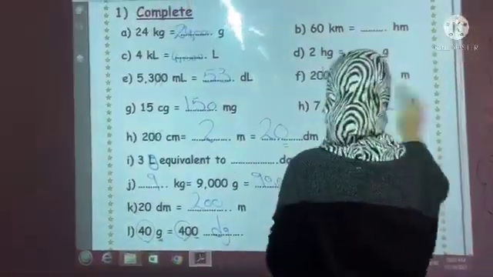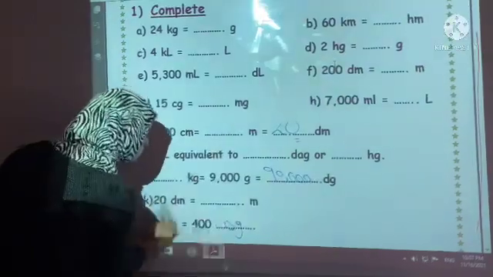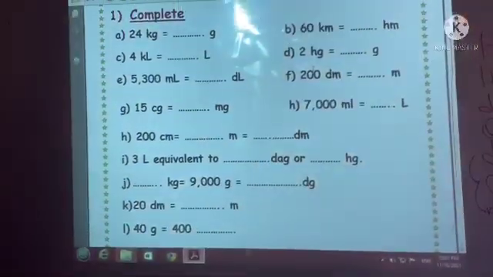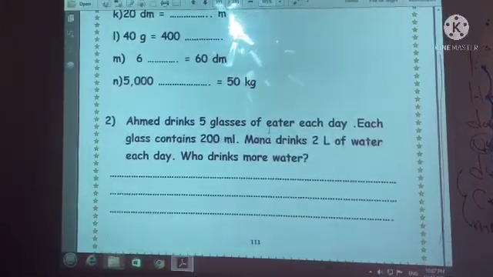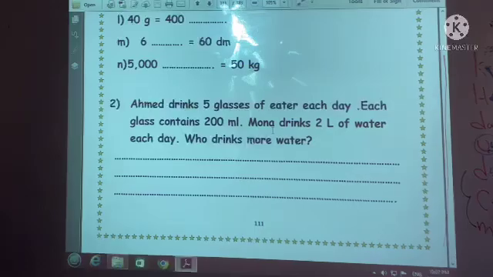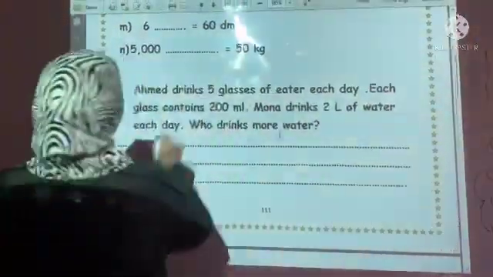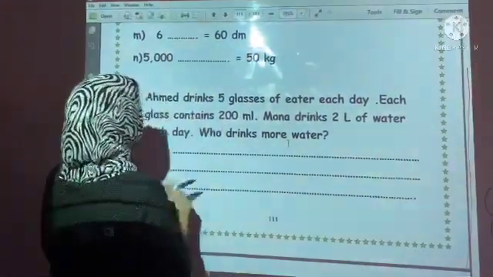Now I'm going to erase all of this. So here, 6 which unit equals 60 decimeters.